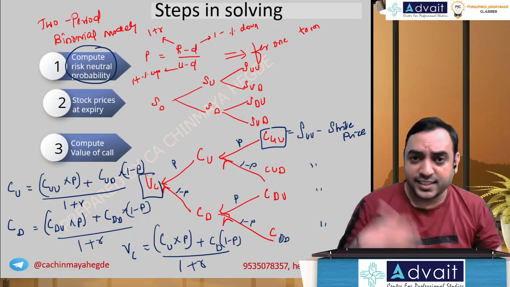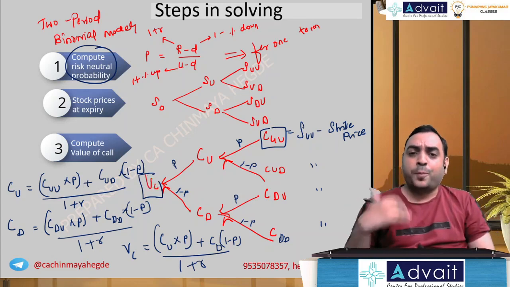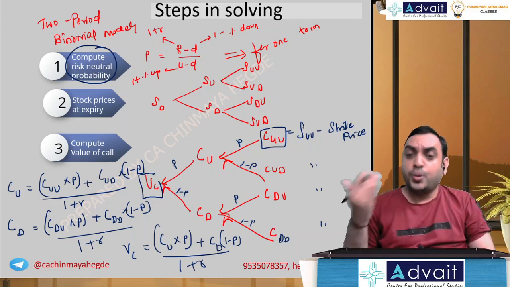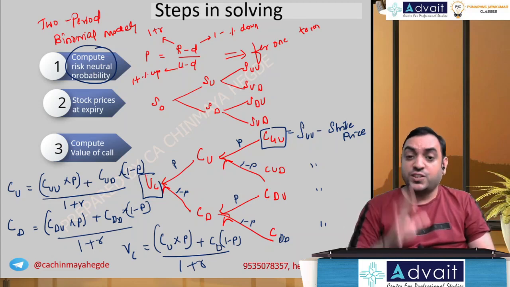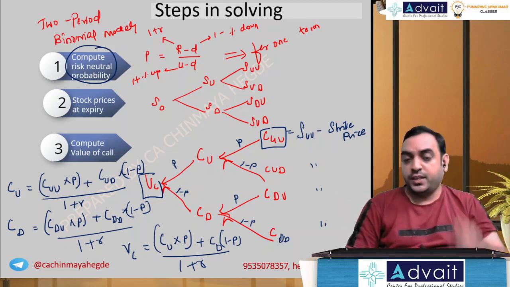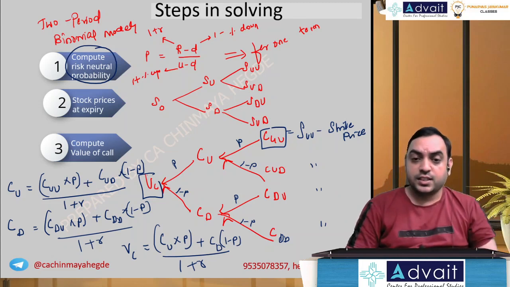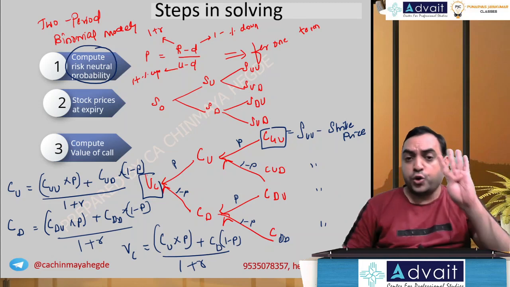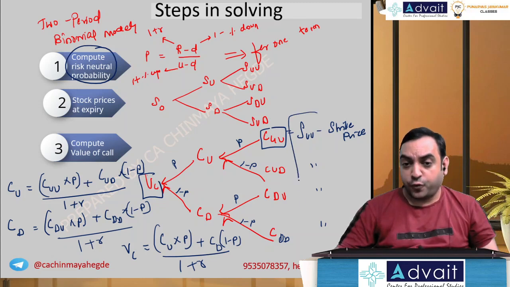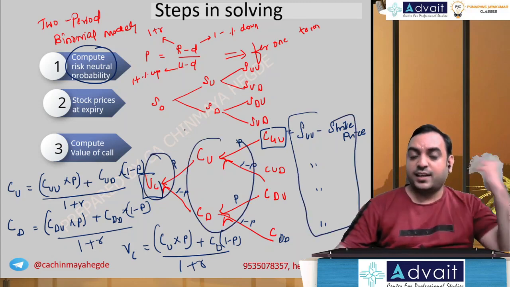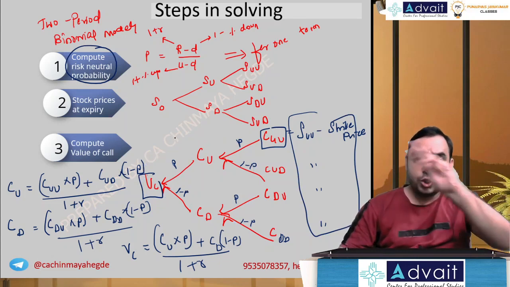Again, at this point in time, you may not be able to appreciate this much, but once you do a problem, refer to these steps once more, and I am sure you will appreciate this. Shortcut to remember: 4, 2, 1. You will have 4 intrinsic values, then 2, then 1.